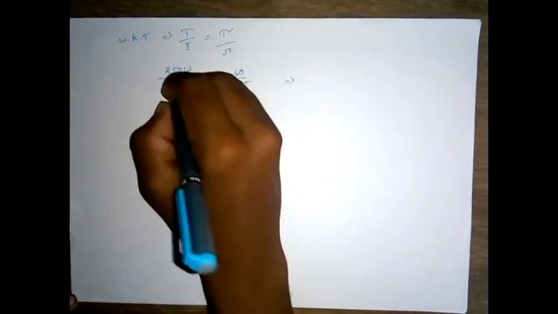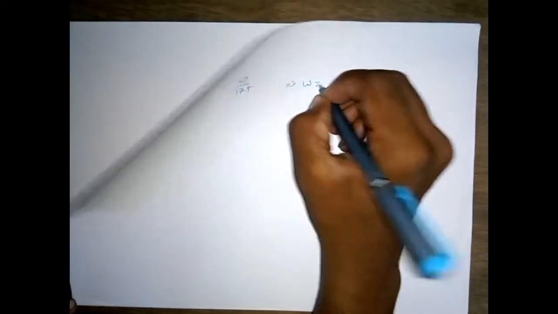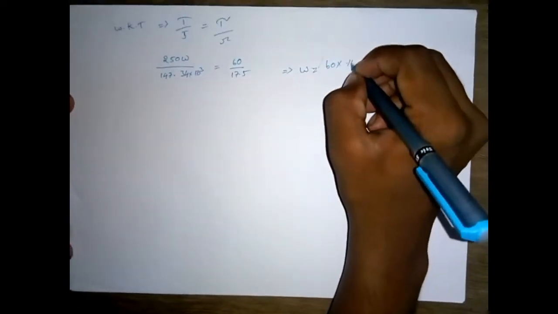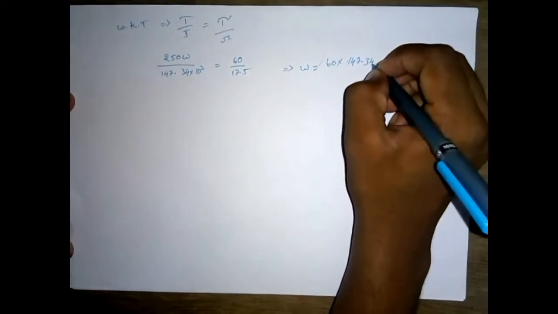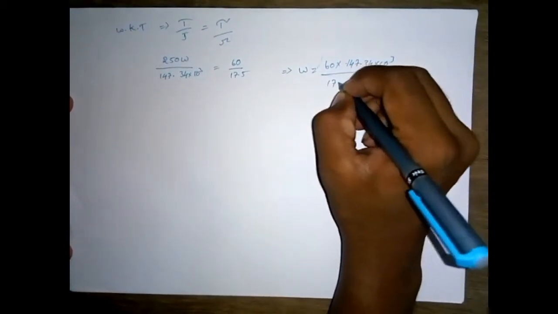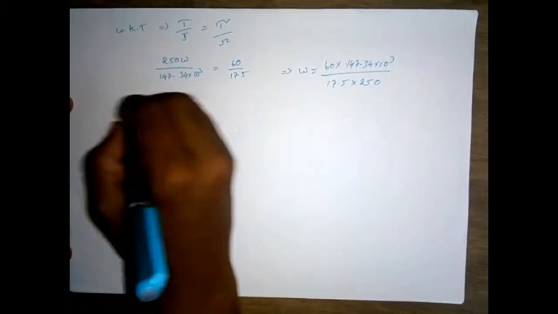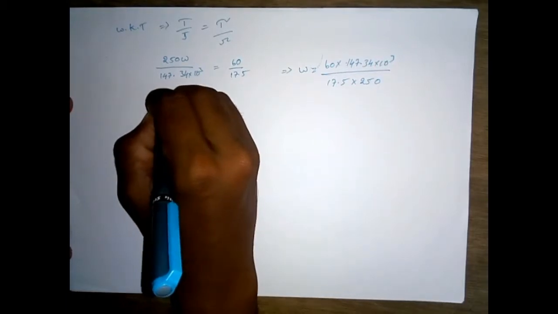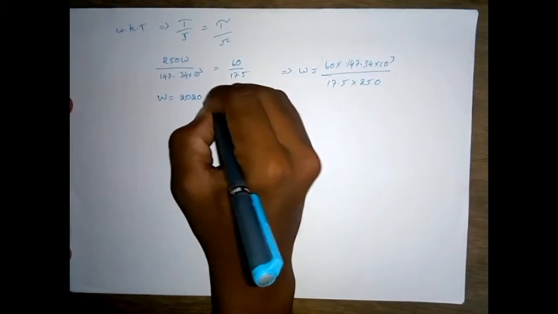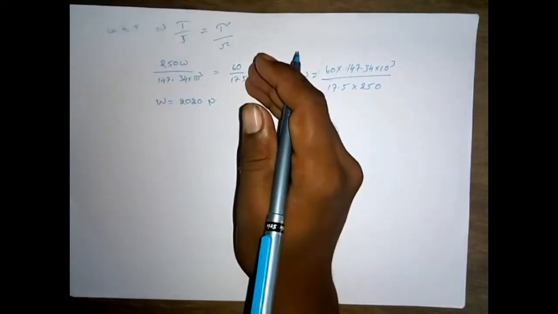So, keeping W on one side and all remaining terms on the other side, we get W is equal to 60 into 147.34 into 10 cube by 17.5 into 250. So we get capital W equal to 2020 newtons. This is the load applied tangent to the rim of the wheel.